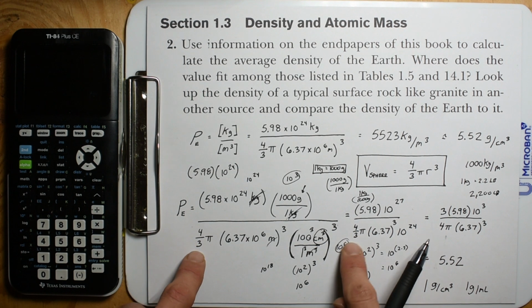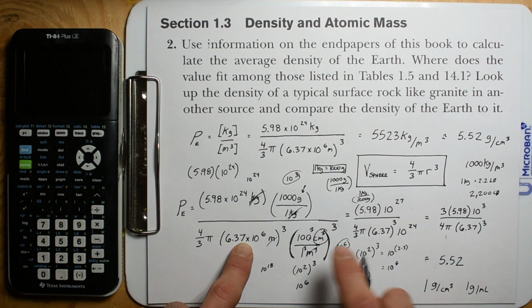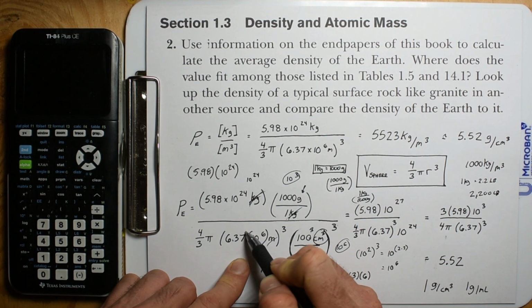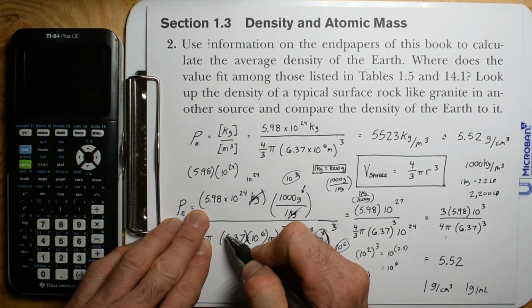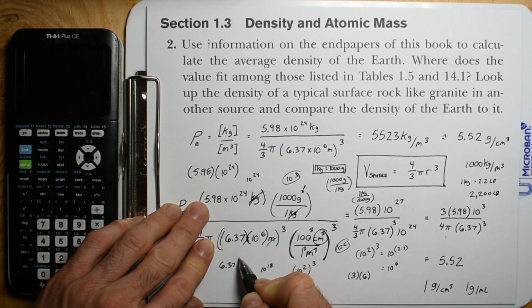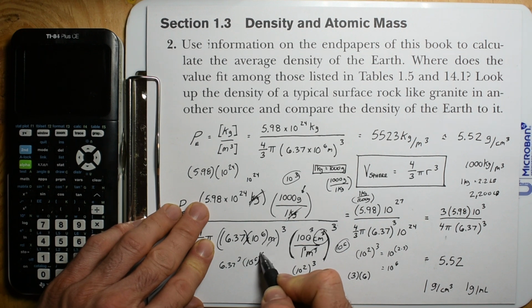Downstairs we have 4/3 pi. We're just going to say this is 6.37. But if we consider these two different numbers that we're then cubing, that's going to be 6.37 cubed times 10 to the 6 cubed.